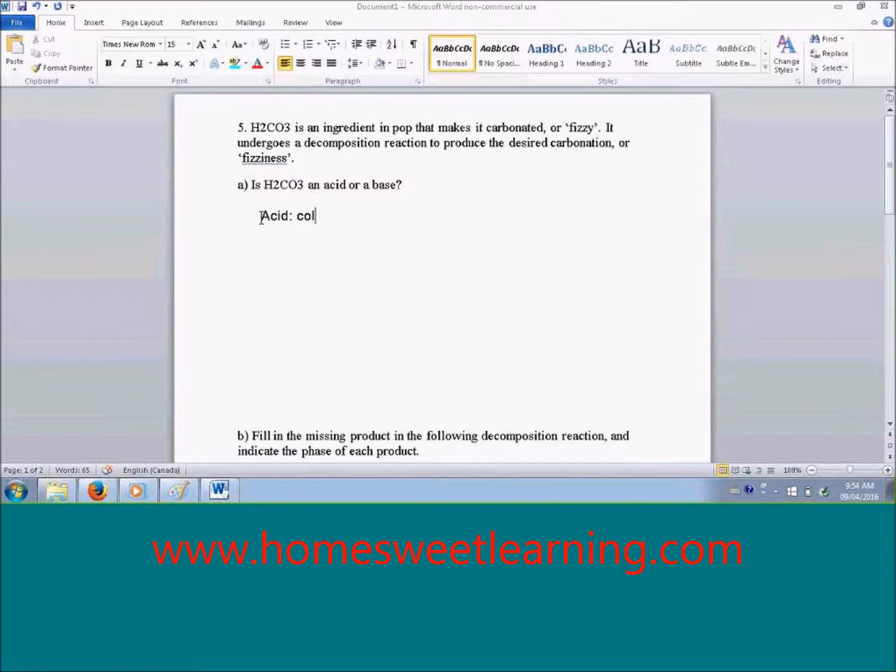An acid collects more H plus. So in simple terms, it has a greater amount of H plus than OH.